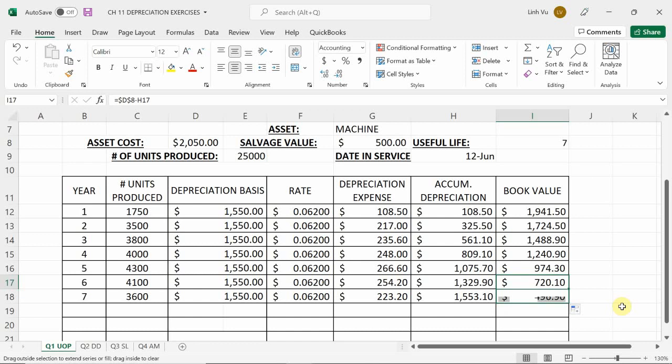Right now it's at $496.90. Why can I not use this number? Because it doesn't match the 500, correct? Yes. It is less than salvage value. So that means I need the salvage value to be 500.